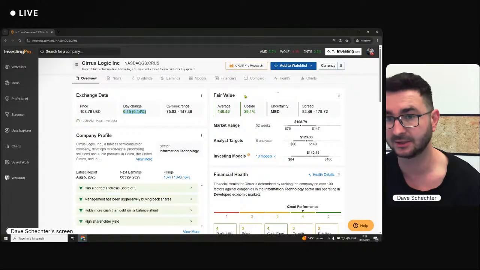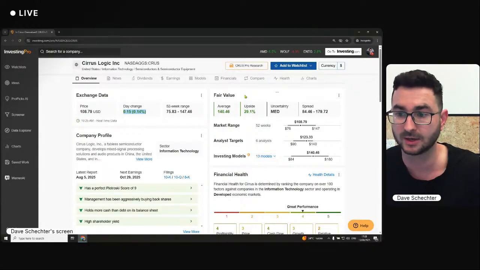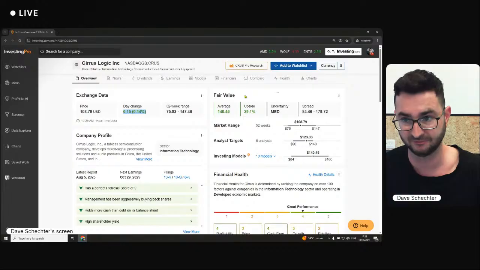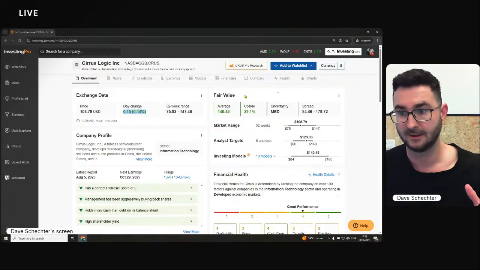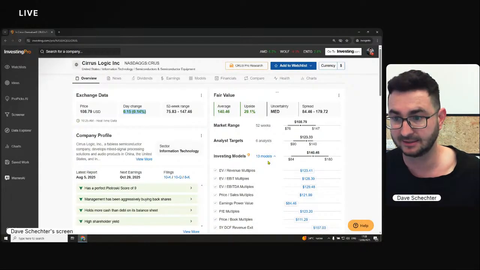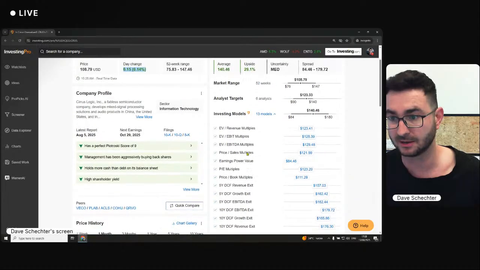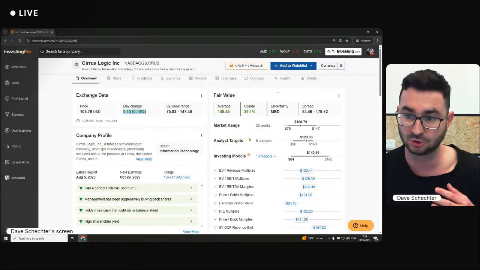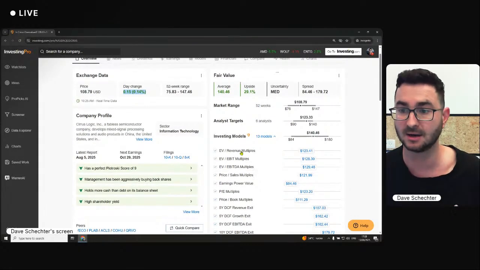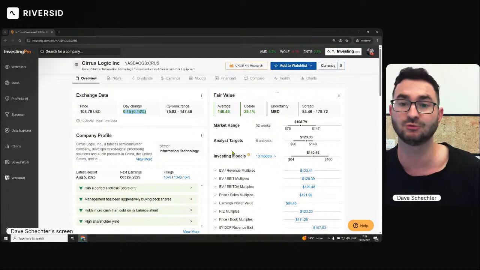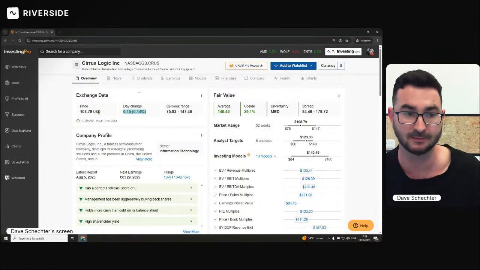So what is fair value? Fair value is our system's way of looking at the company's current book of business, and based on up to 17 different evaluation models, we then appraise the true worth of this stock in relation to what the market price currently is.